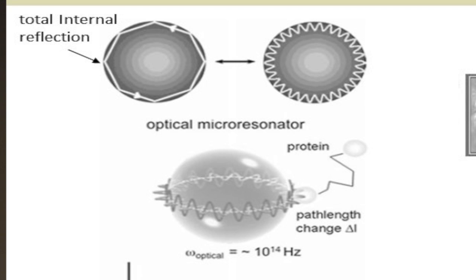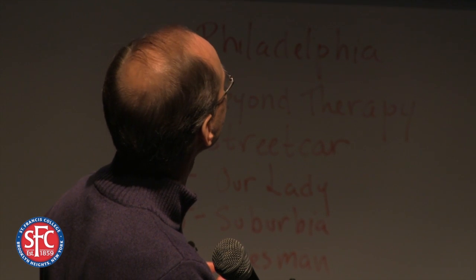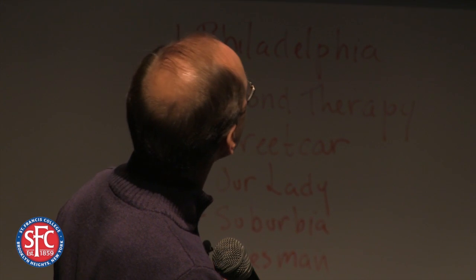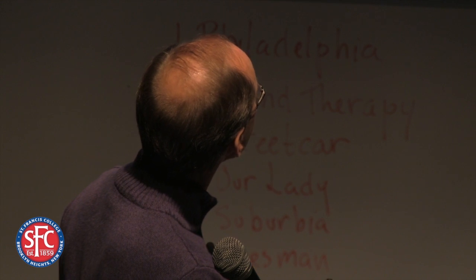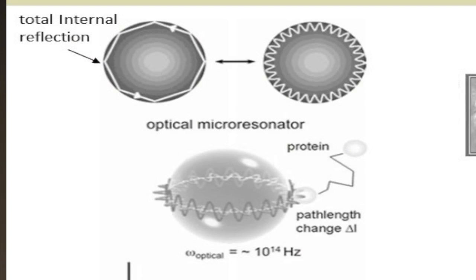Now, one thing to realize is that the frequencies of light that I can trap inside this particle depend on wavelength, because I have to have an integer number of wavelengths around the perimeter of this silica microcavity, as they're called.